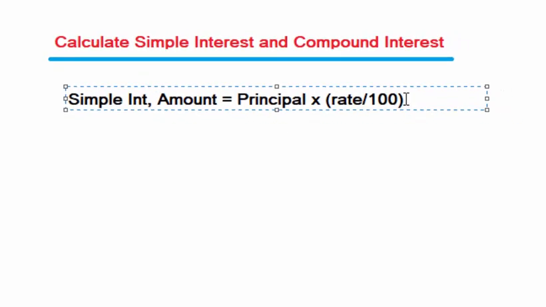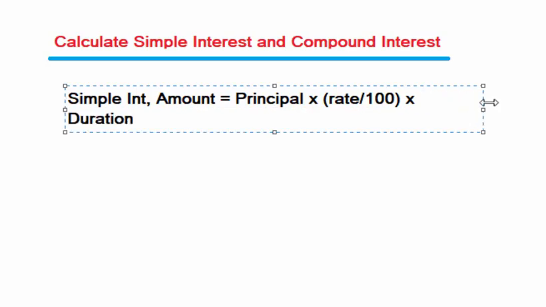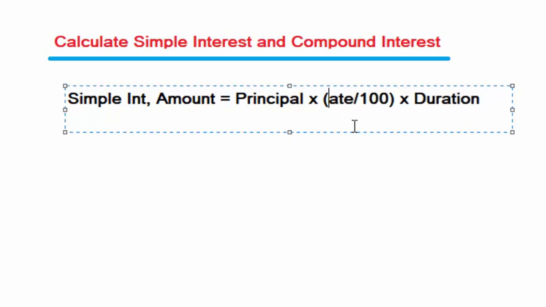Then we will have to multiply it by the duration. It depends how people will agree. If it is per year, then it will be in years. If it is per quarter, it will mean 3 months. So this is very simple and straightforward, and there's nothing difficult here.